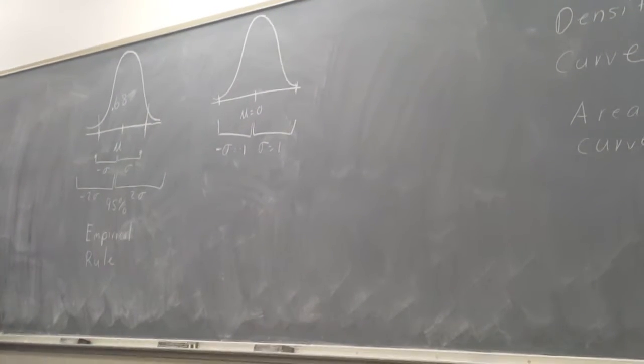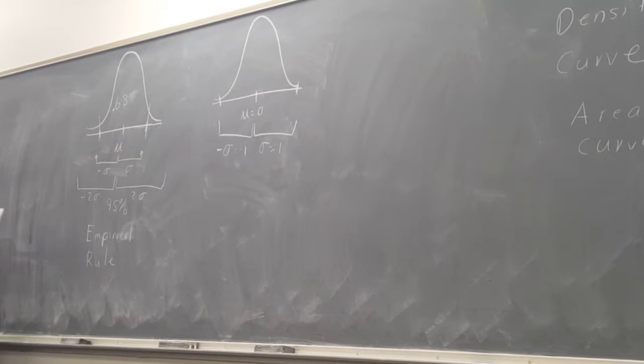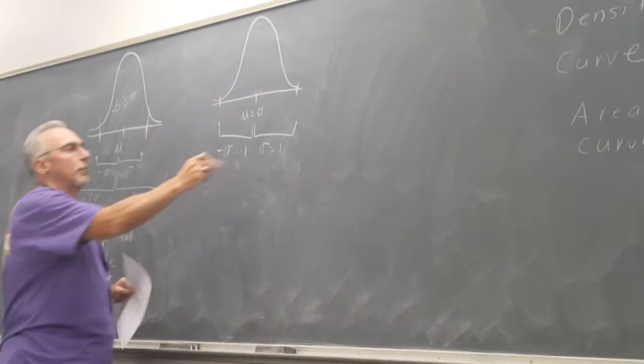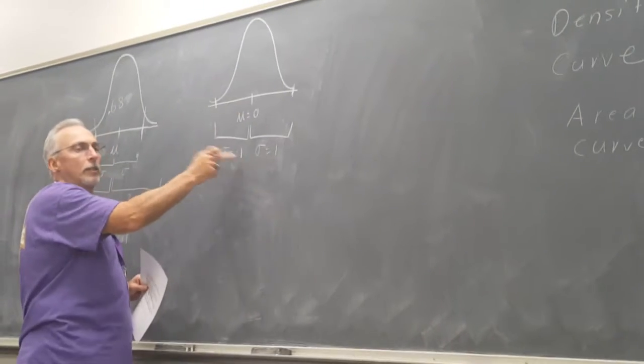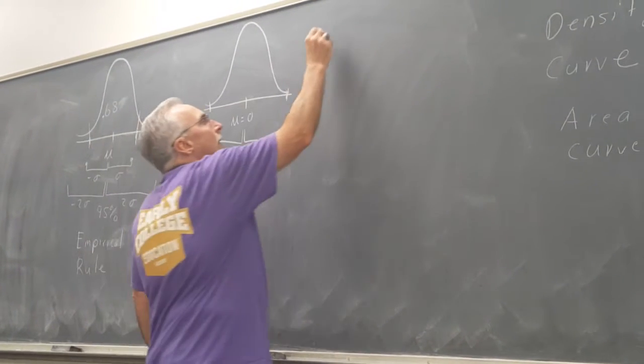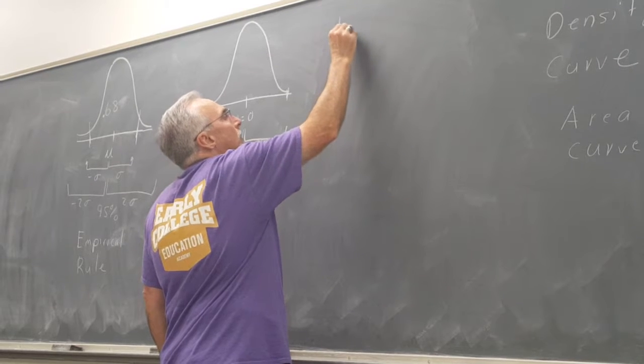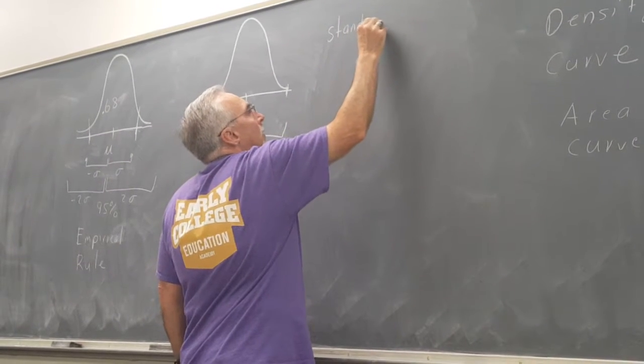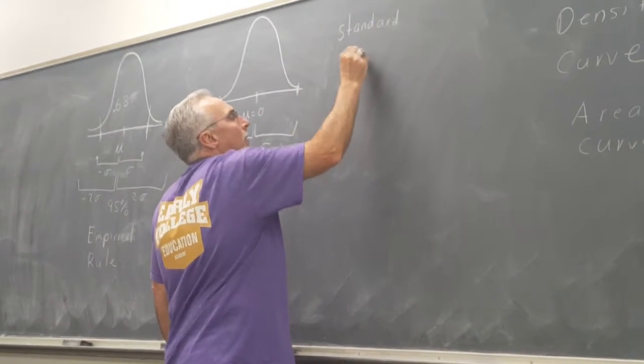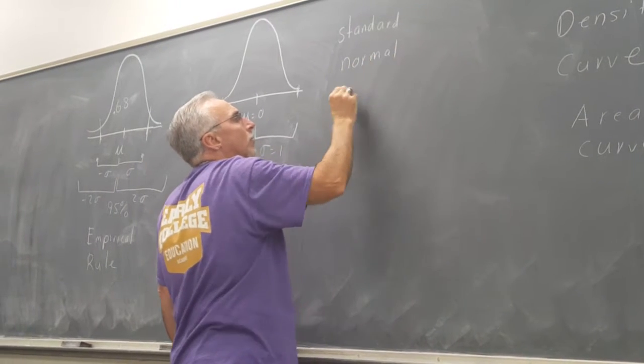So just remember, a normal curve, a nice little bell-shaped curve, can have any mean, any standard deviation. But if you want it to have a mean of 0 and a standard deviation of 1, that is what's called a standard normal curve. And that's what she has in your notes.